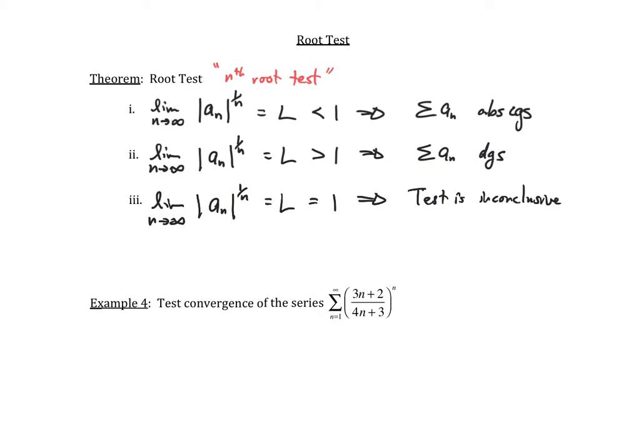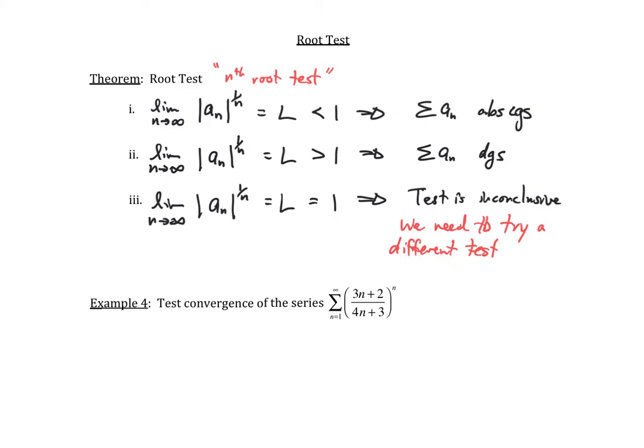When the test is inconclusive, we need to try a different test. So maybe you need to run a comparison test, an alternating series test, a limit comparison test, or an integral test, something like that. Regardless, you need to try something different.